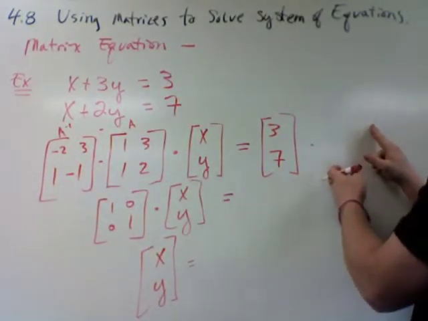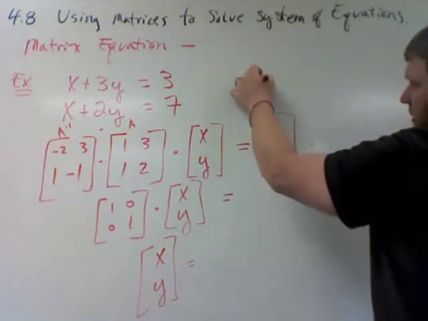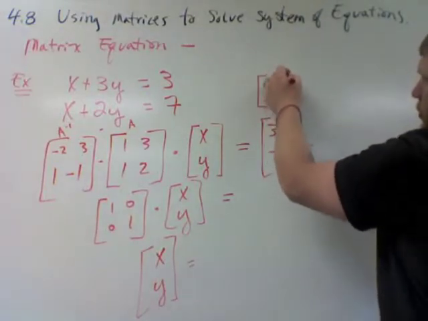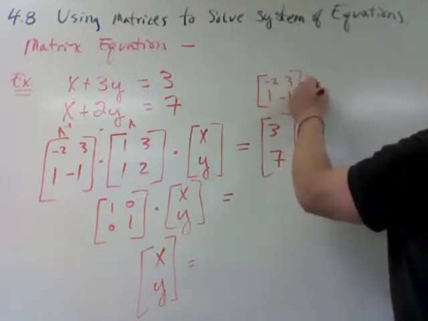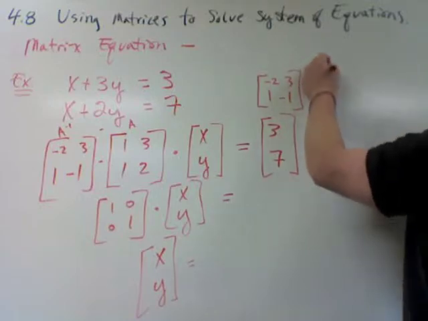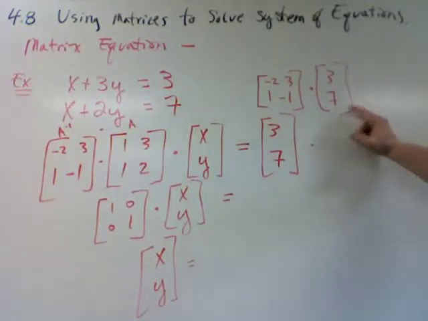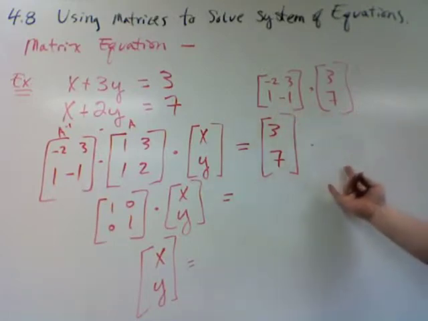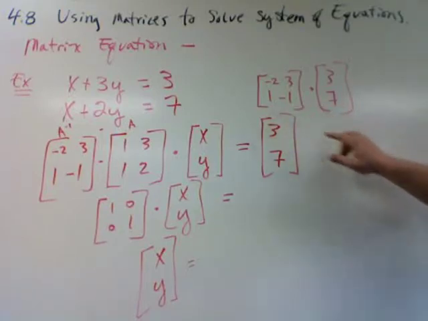I need to multiply it as negative 2, 3, 1, negative 1 times the column 3, 7. If it was the other way around, I wouldn't be able to multiply it, because my row and column dimensions wouldn't work out. So it needs to be written like this.